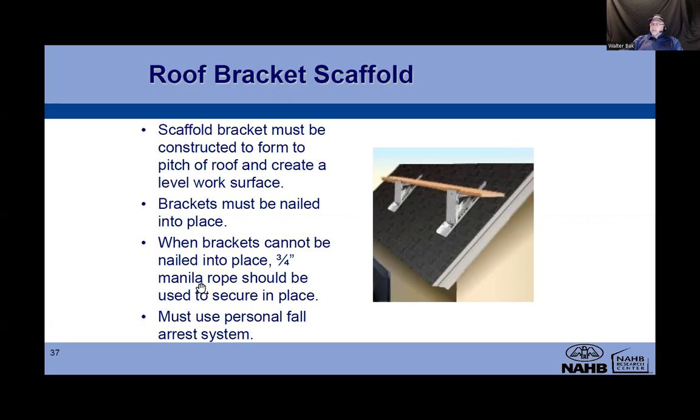When brackets cannot be nailed into place, 3/4 inch manila rope should be used to secure things in place. Basically it's a brown or grayish kind of rope. And we must use a personal fall arrest system. What's a fall arrest system? It's a fall prevention system.